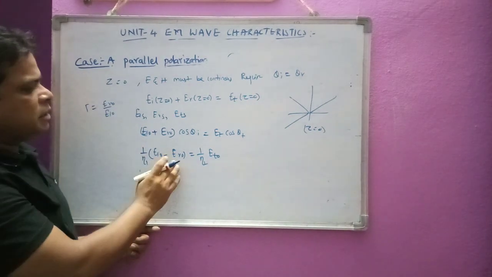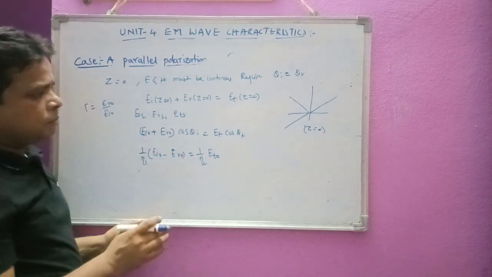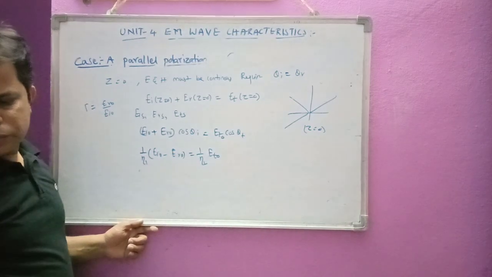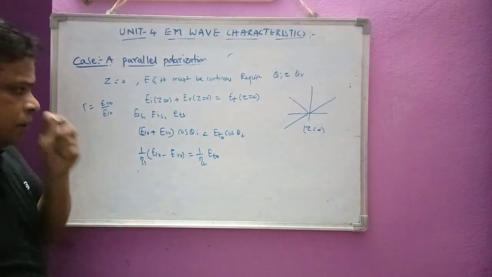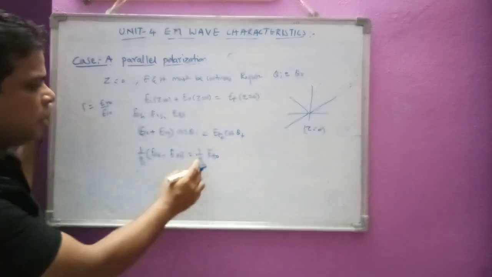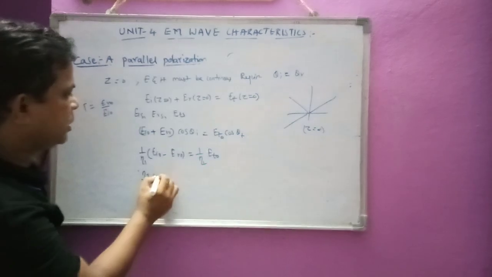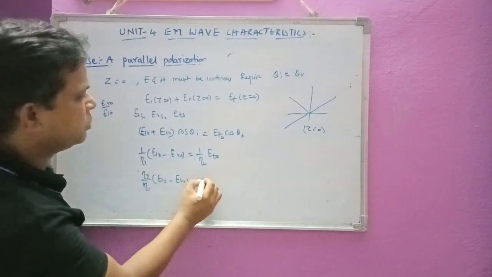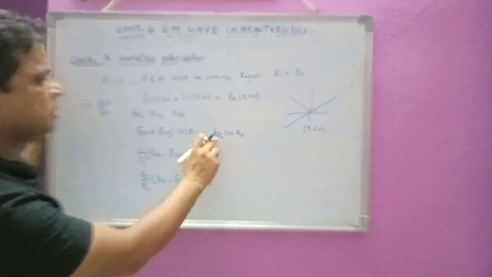So we have to make this equation free of ET0, and express it in terms of ET0. So I can write eta 2 by eta 1 times EI0 minus ER0 is equal to ET0. Now I am going to use this ET0 in the other equation.